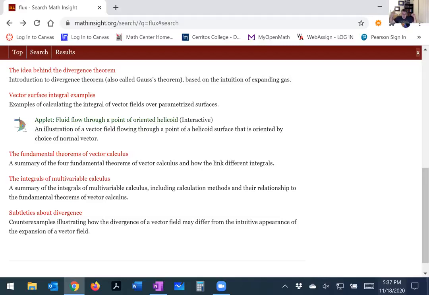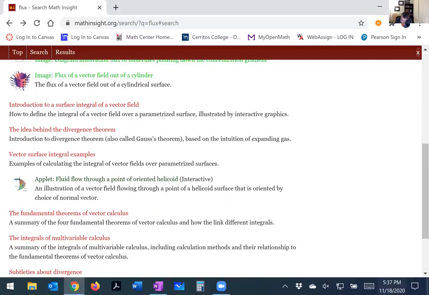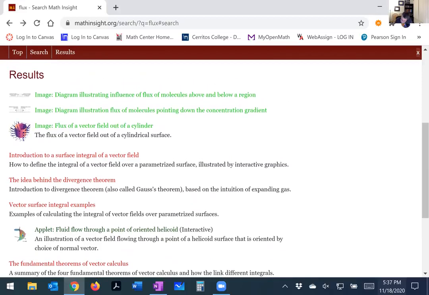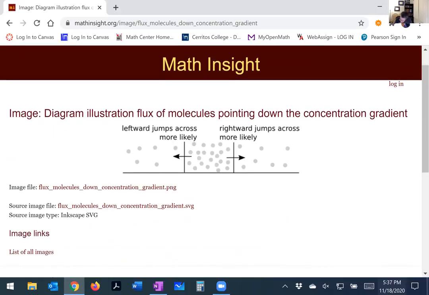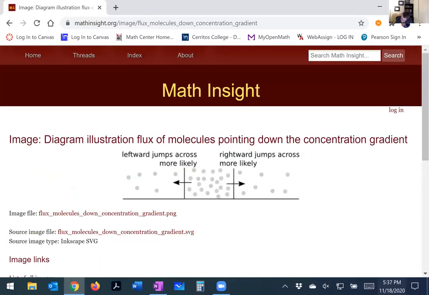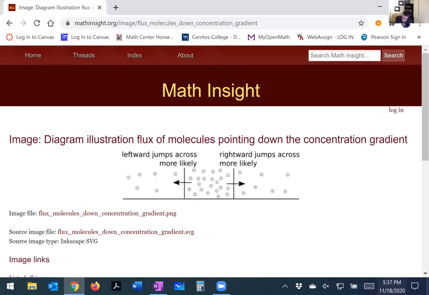And if it's negative divergence, it's going out and air is leaving the ball. But there should be something about flux in here. Diagram illustration of flux, molecules pointing down the concentration gradient. I don't know either. Yeah, I don't know. Forget it.